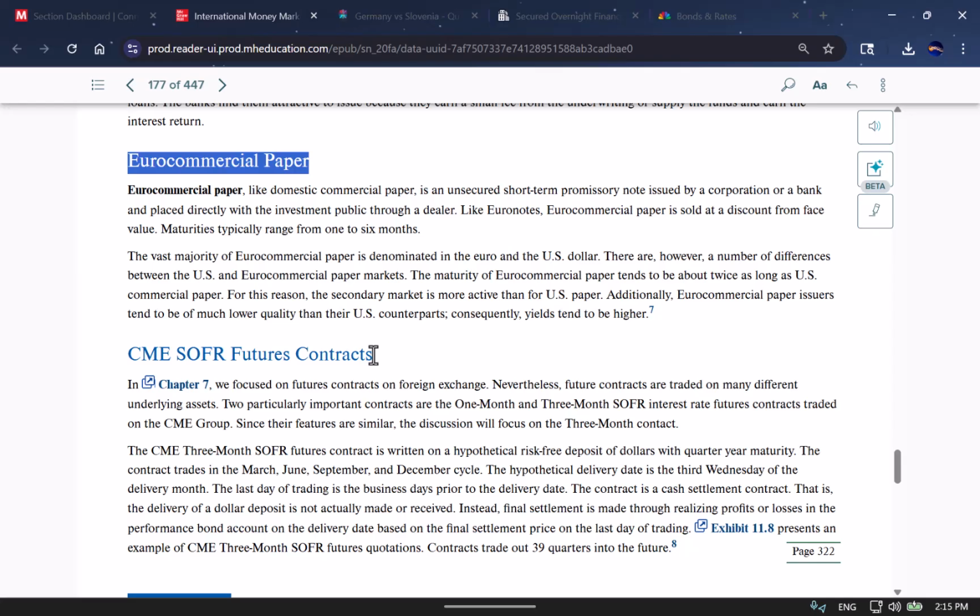And these markets are very, very liquid. In fact, you don't even have to go to banks to get euro credits. You can issue euro commercial paper. Everybody comes in. Another thing that's important about euro commercial papers, in general, commercial papers as well. Do you guys know about the money market funds? These are mutual funds that can invest only into securities that have 90 days or less to maturity.